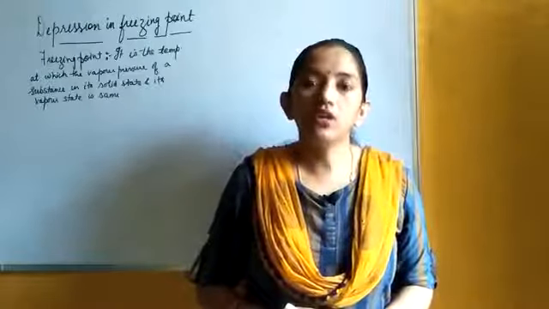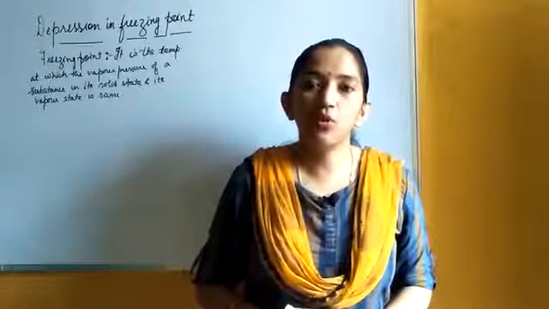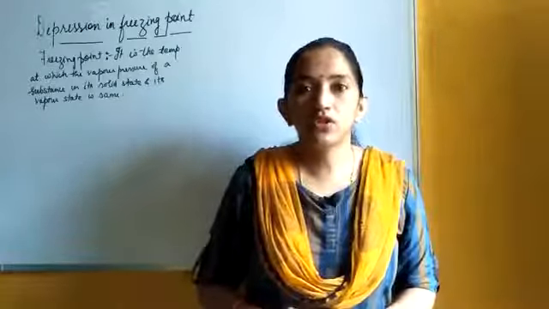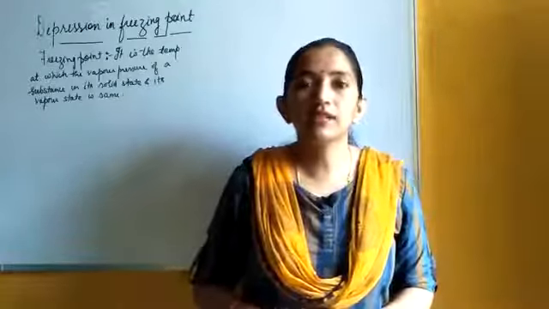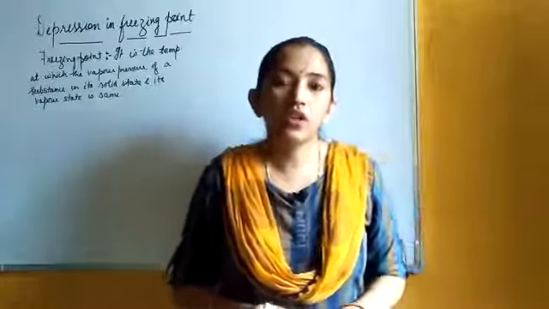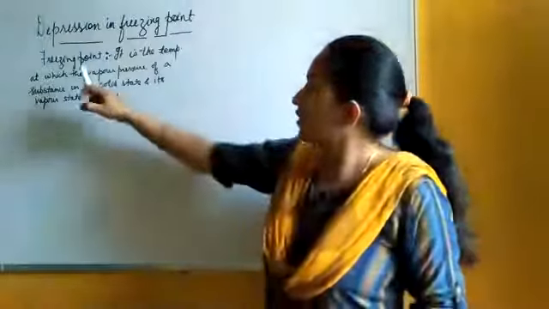So when a solute is added, it is found that the freezing point of the resulting solution gets lowered, and that is known as depression in the freezing point, and it is a colligative property. Now just see the definition of the freezing point.